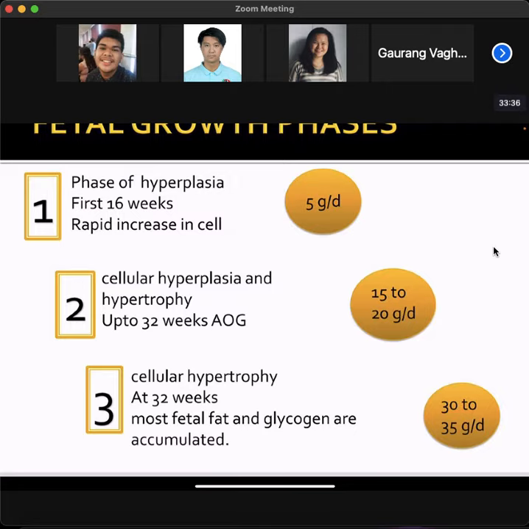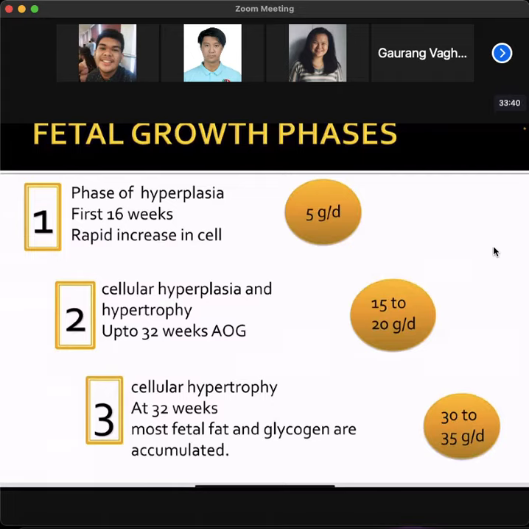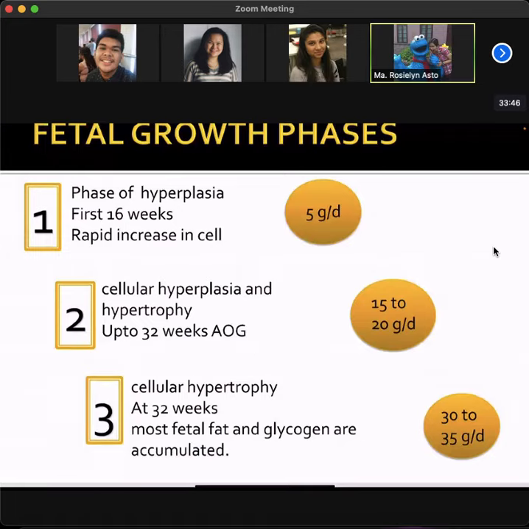For the second phase, it's composed of cellular hyperplasia and hypertrophy, and it's from the 17th week to 32 weeks age of gestation. So the expected growth at this time is 15 to 20 grams per day. And the last phase, which is mostly cellular hypertrophy, occurs at 32 weeks and beyond.